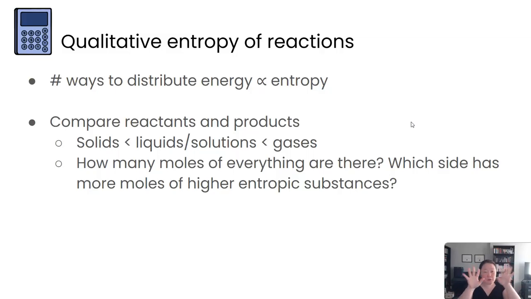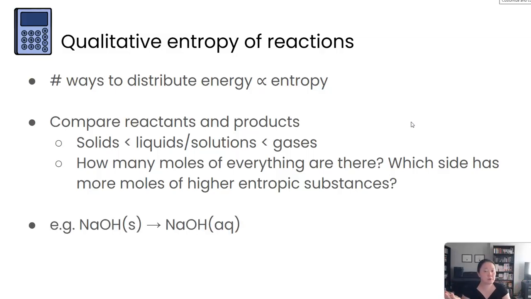So if you have all gases everywhere, then what you want to do is look and see if there's a difference in how many moles worth of gases there are on either side. If one particular side has more moles of gas, then depending on which direction you're looking at, that side is going to be more entropic.